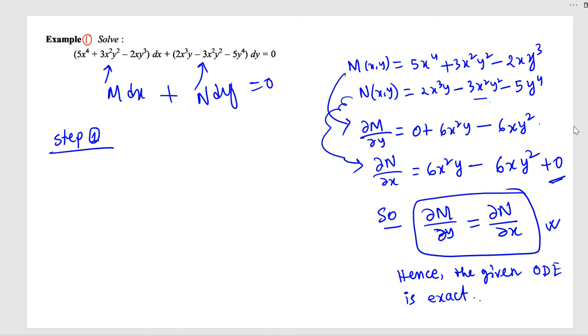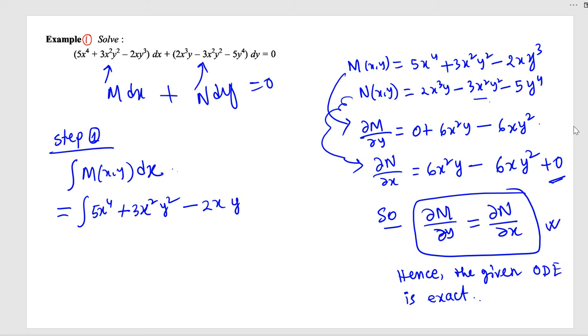So here it is, integrate M(x,y) dx with respect to x. In this case we have the integration of 5x to the power 4 plus 3x square y square minus 2x y cube dx. If you integrate it, remember y is a constant here.